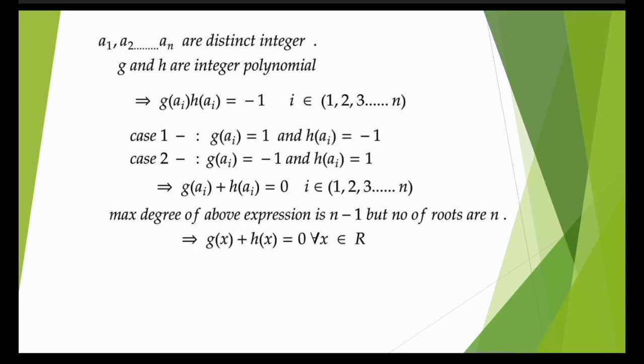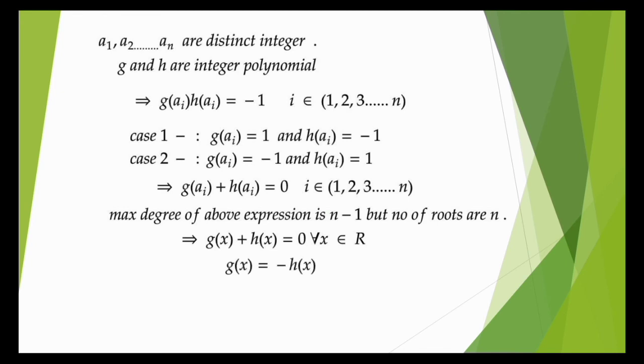This is the concept of infinite roots: if a polynomial has degree n minus 1 and the number of roots is n, it means the polynomial has infinitely many roots. So g of x plus h of x equals 0 for every x belonging to R.